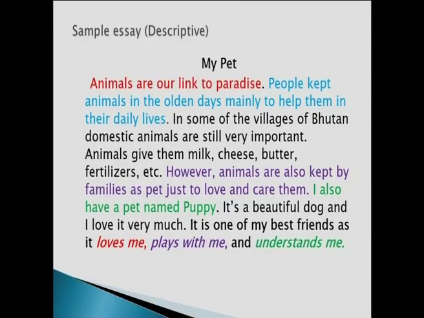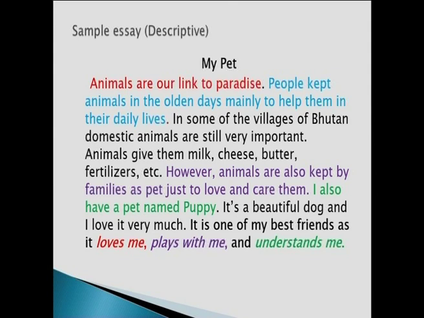Then she goes on to say, it is one of my best friends as it loves me, plays with me, and understands me. So this last sentence is a thesis statement because it has three main points mentioned there. It is one of my best friends as it loves me is point number 1, plays with me is point number 2, and understands me is point number 3.